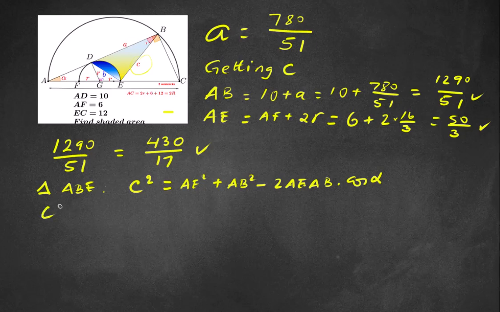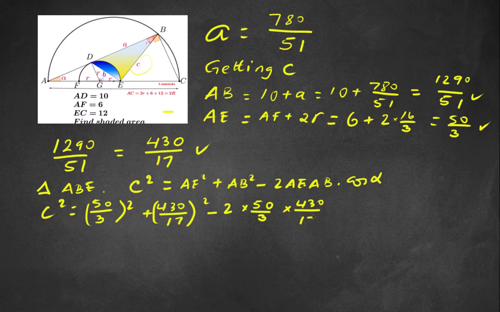So we say C squared is equal to 50 over 3 squared plus 43 over 17 squared minus 2 times 50 over 3 times 43 over 17 times 15 over 17, and all together we pull C. So we take the calculator and we calculate C. We say C is equal to 130.